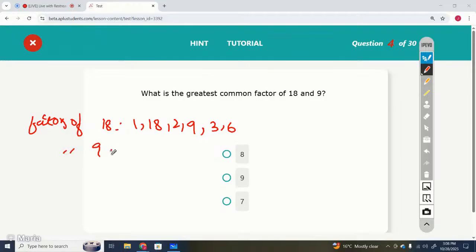Then the factors of 9 are 1 times 9 is 9 and 3 times 3 is 9. So the greatest number is 9. I have already told you the greatest common factor is the number that can divide both numbers evenly. When you divide 18 by 9, 9 times 2 is 18. When you divide 9 by 9, 9 times 1 is 9.